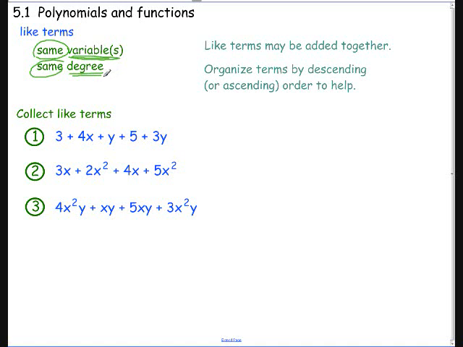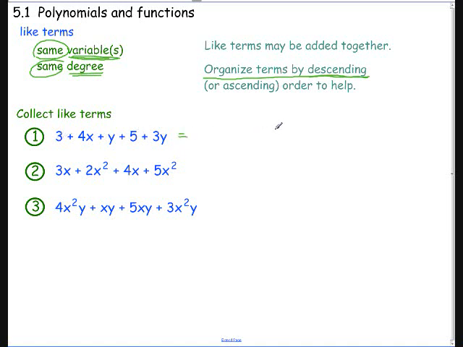They have to be exactly the same. We should organize our terms by descending or ascending, it's more commonly descending, but in some sort of order to help us. So let's do that.